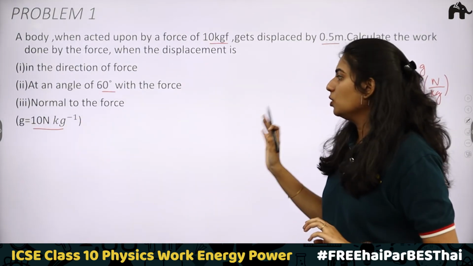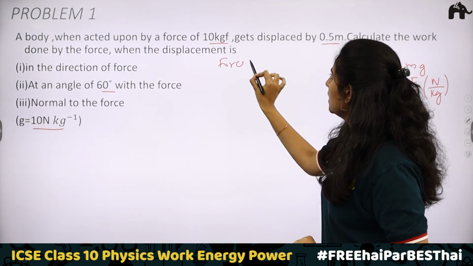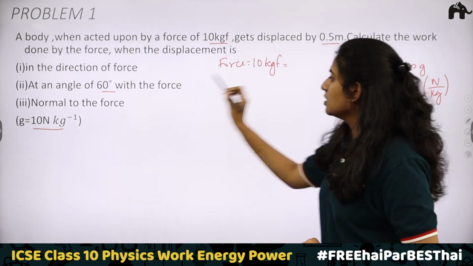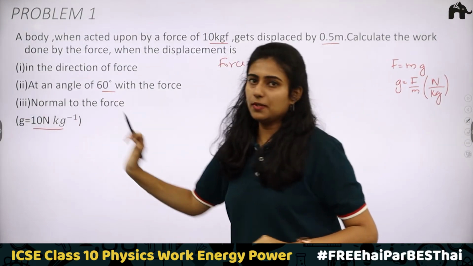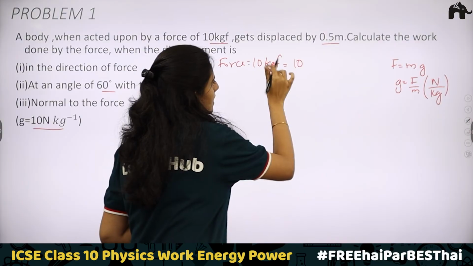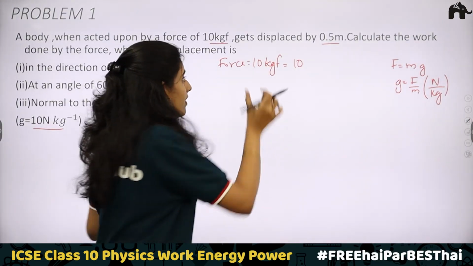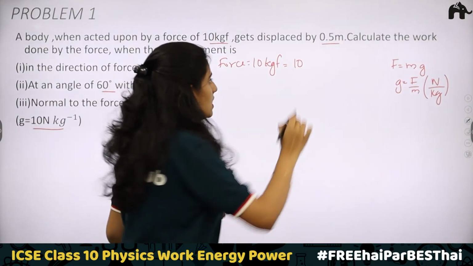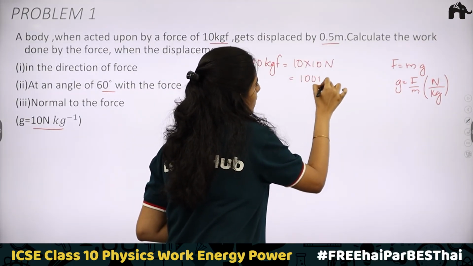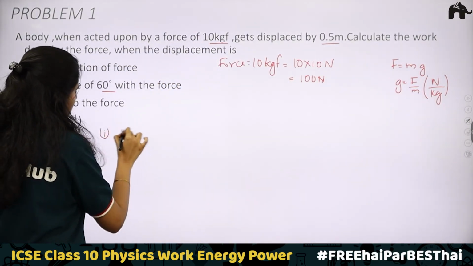Now, we have a force which is 10 kgf. Here g is 10 Newton per kilogram, which means 1 kgf is equal to 10 Newton. Here we have 10 kgf, which is 10 into 10 Newton, that is 100 Newton. Force is 100 Newton.